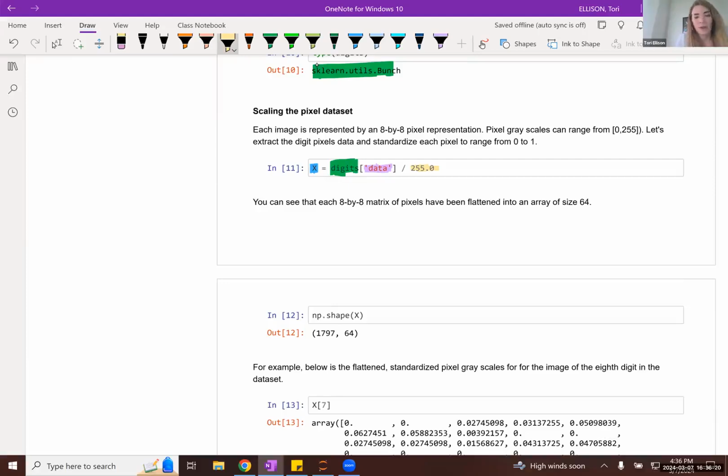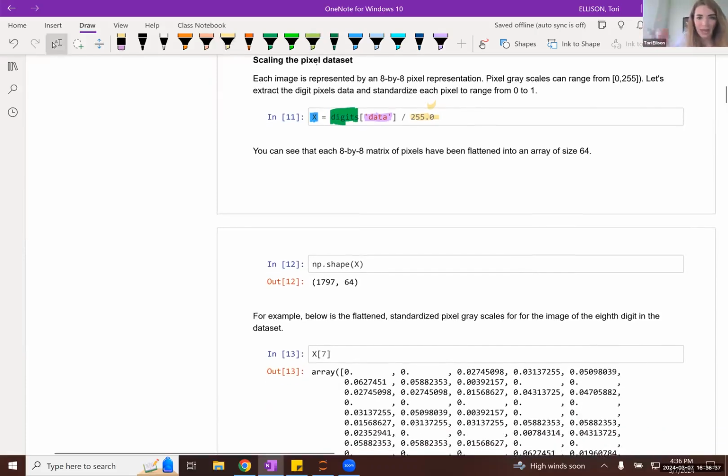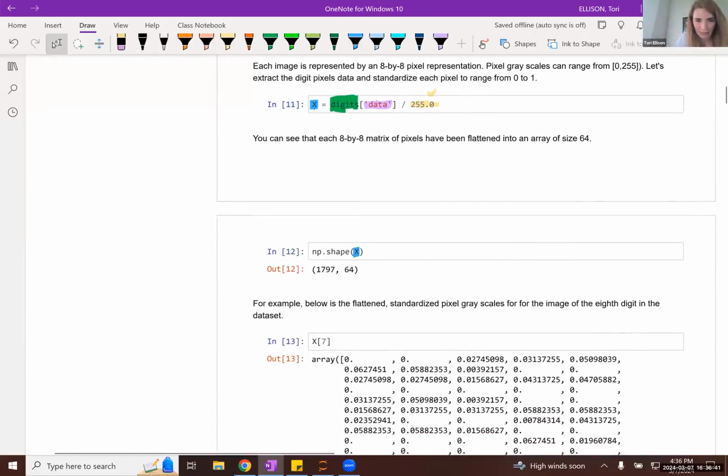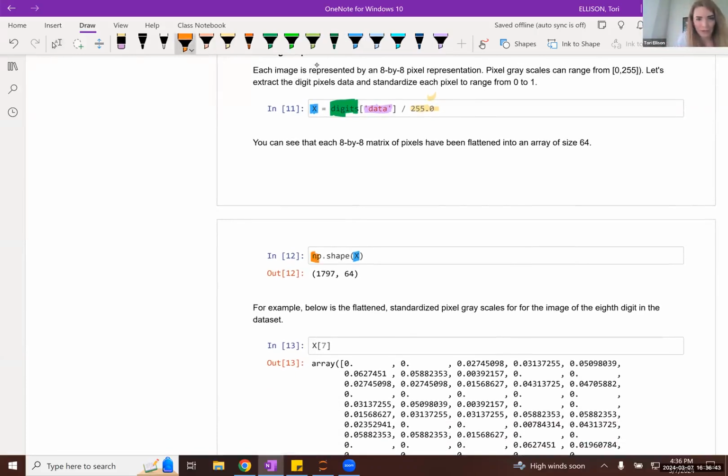Rather, I'm simply going to divide by the highest possible pixel value you can achieve, such that these scaled pixel values are between 0, i.e. black, and 1, i.e. white. Okay. If you ever want to look at the shape of a NumPy array, you can use np.shape.